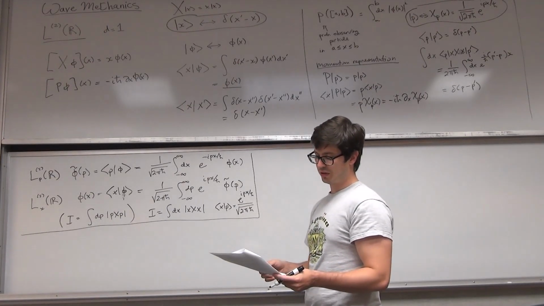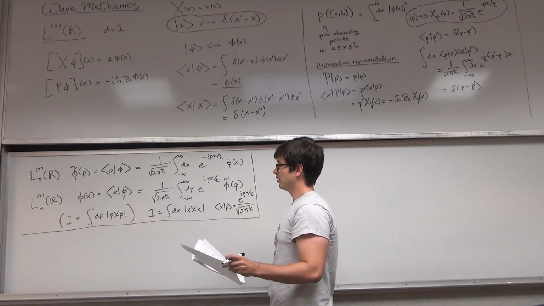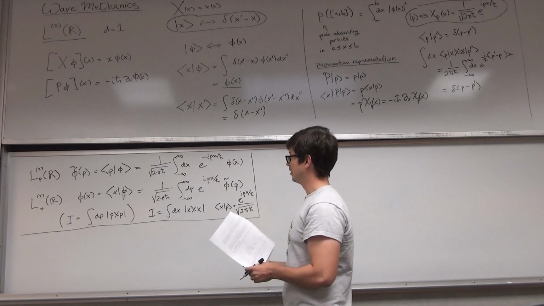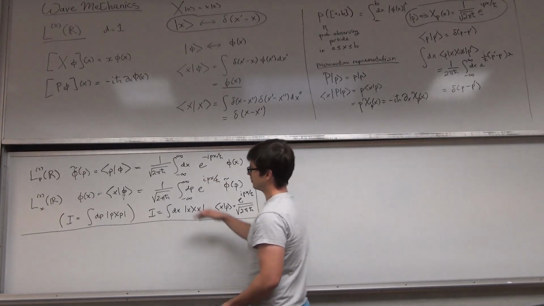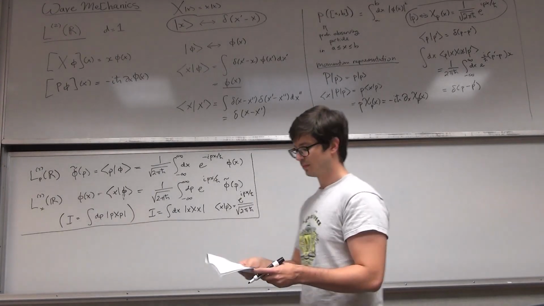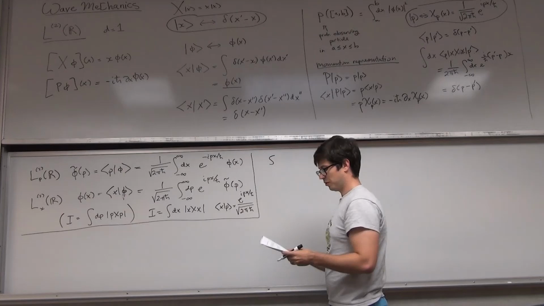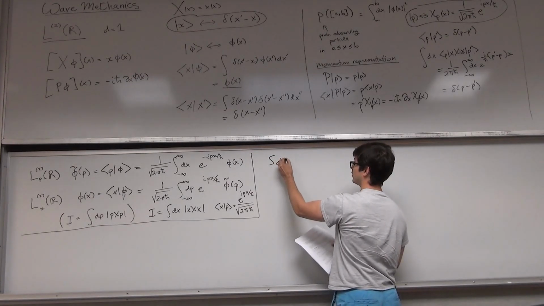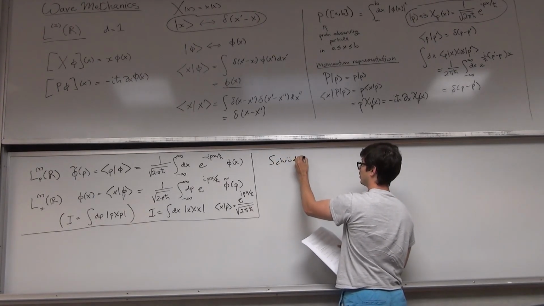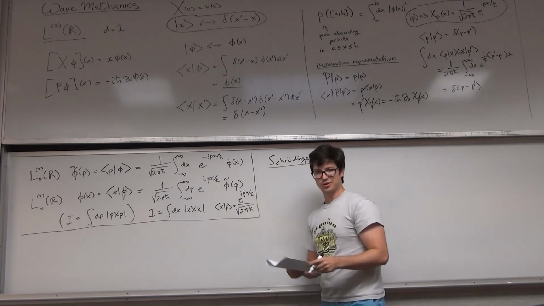And so what we're going to do now is look at various solutions to the Schrödinger equation using this kind of formalism. So we're going to move to the Schrödinger equation. So what's the Schrödinger equation?